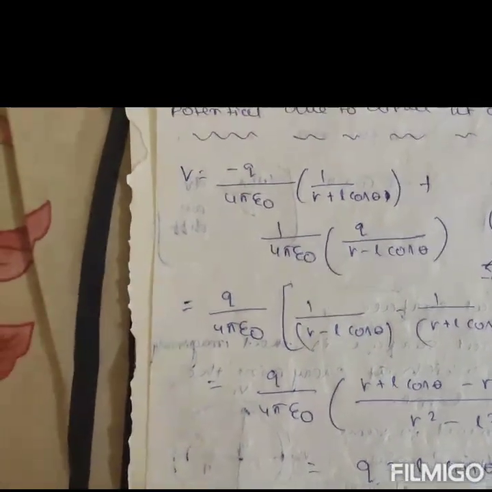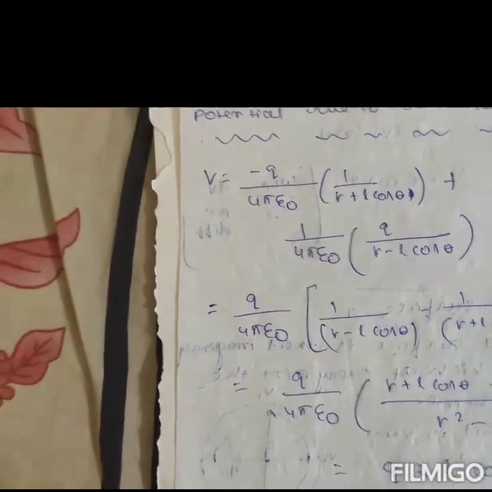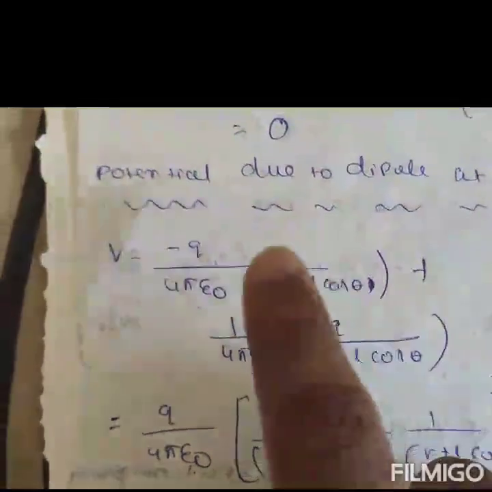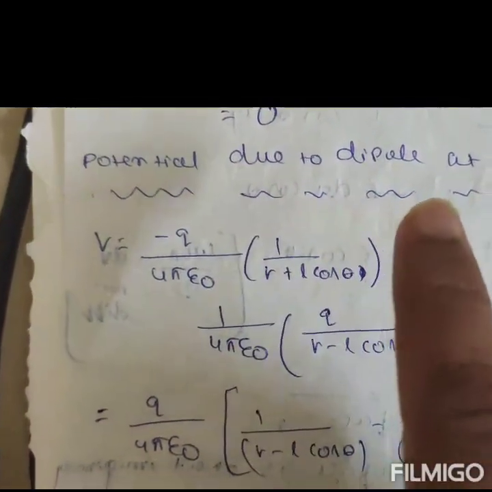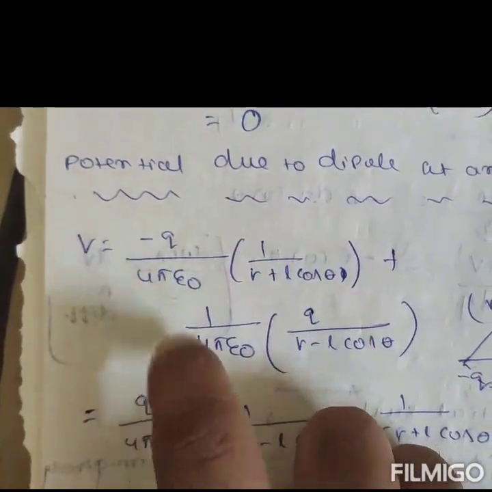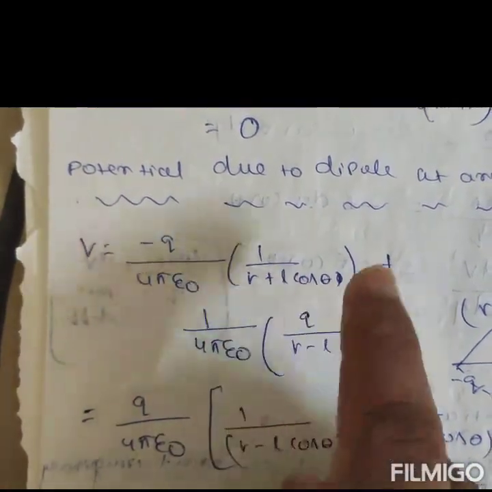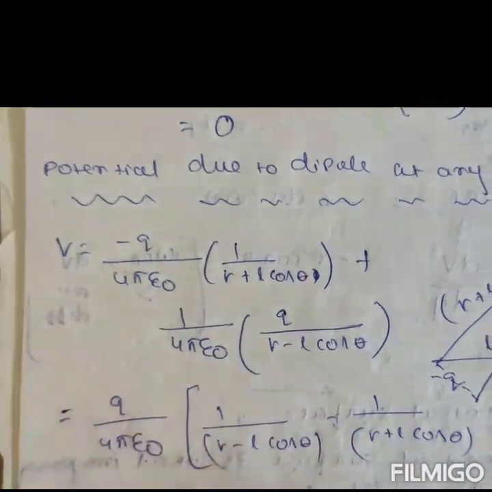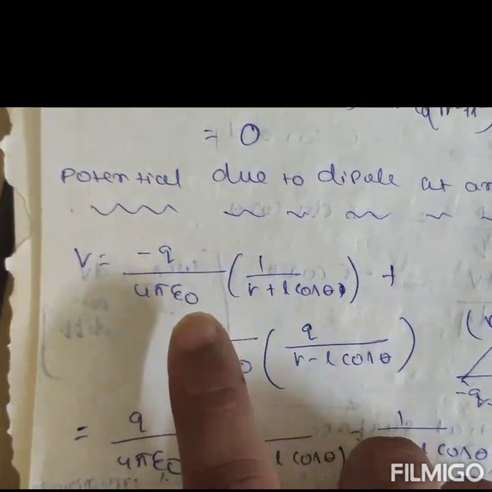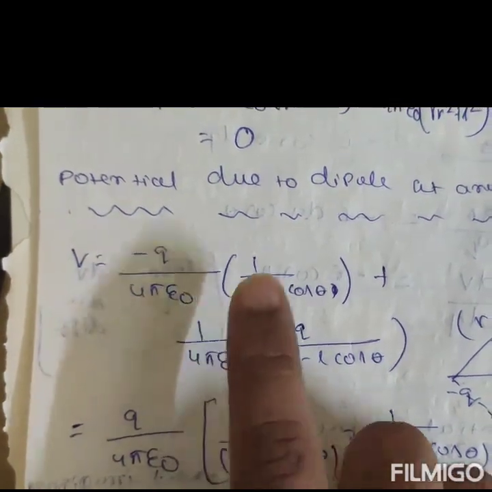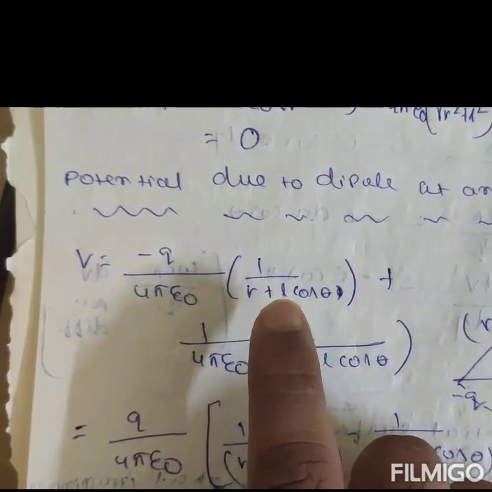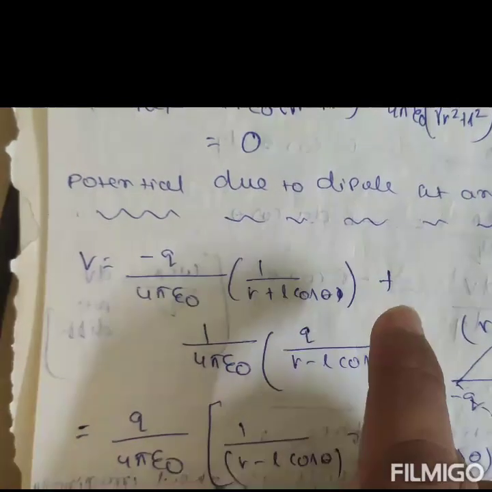Now let us see the full derivation. The derivation is potential due to a dipole at any general point. So V is V of minus Q plus V of plus Q. For V of minus Q, we get minus Q by 4 pi epsilon naught, 1 by the distance, which was R plus L cos theta.